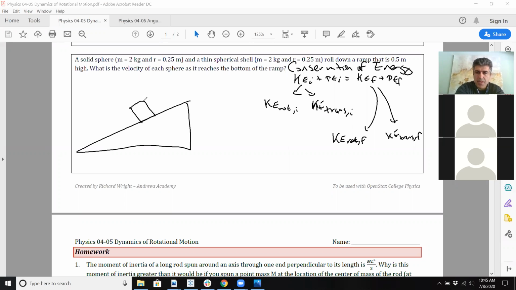You know, we deal with a box going down a ramp, right? But this box is not rotating. But now what's happening is that you have this ball, which goes down this way, but it doesn't just go down. Let's say I have a little marking here. It's not like the ball just does this the whole time, it rotates.